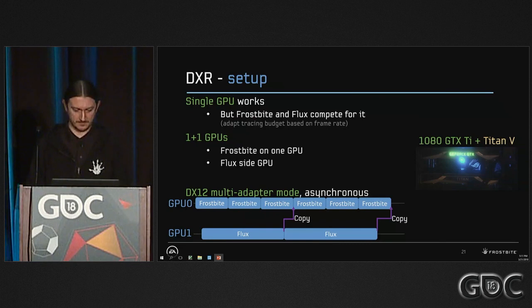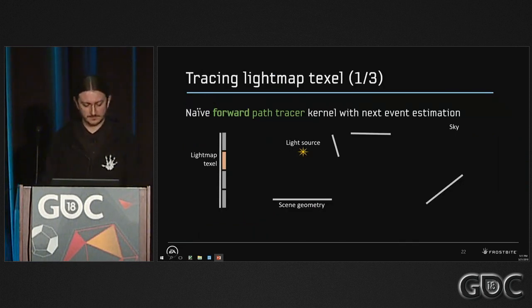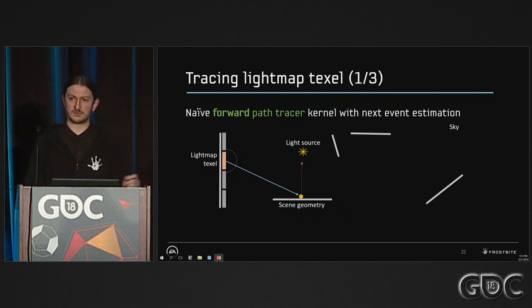Right. So what do we need to do to evaluate irradiance for a texel of a light map that you can see on the left here? So we use, of course, DXR to cast a ray, intersect with the geometry, find a first vertex on the path, and from there we do next event estimation. So you cast a secondary ray, a shadow ray, we call it, toward the light source. If it's not occluded, then you can accumulate, and then go toward the next event, the next intersection, by casting another ray with a random selection, typical path tracing.